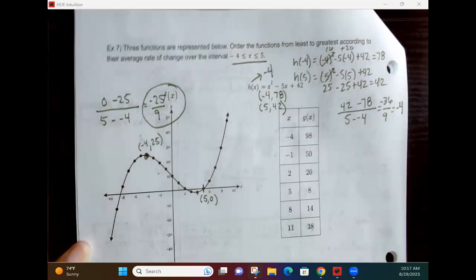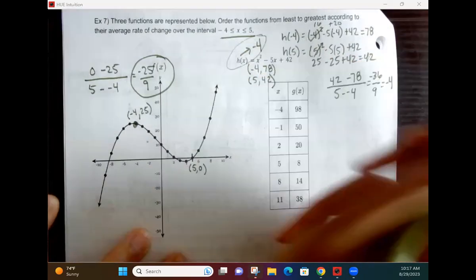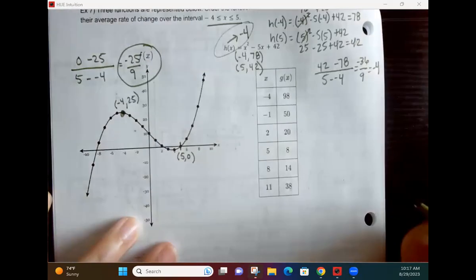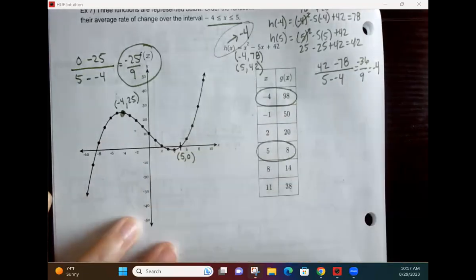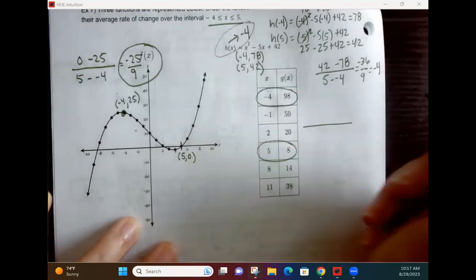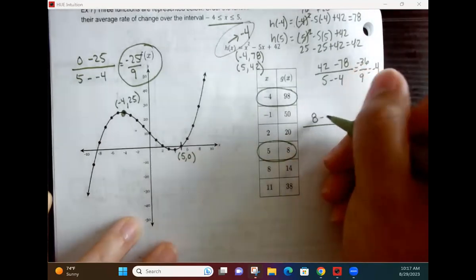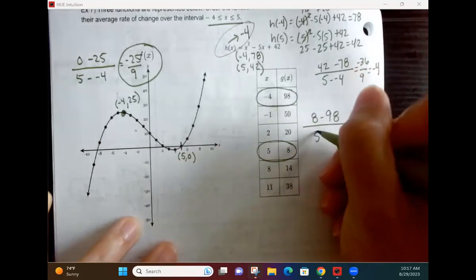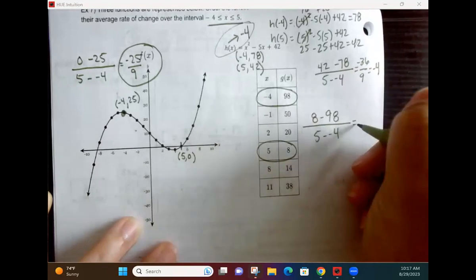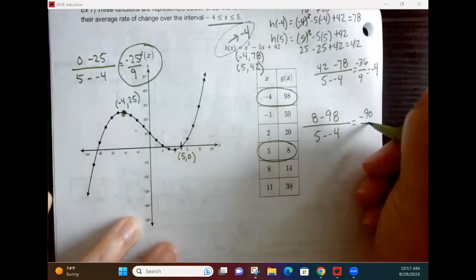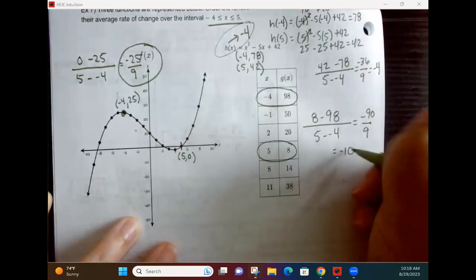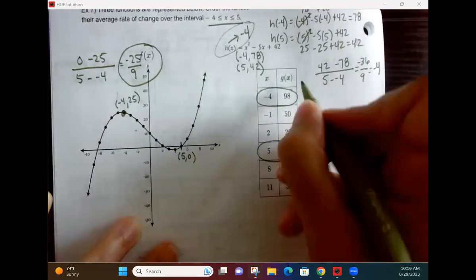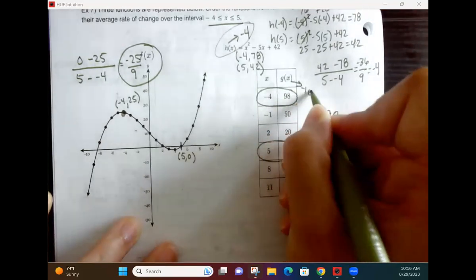And then I just have one more to find, g of x, -4 to 5. This would be 8 minus 98 over 5 minus -4. So this would be -90 over 9, which would be -10. So for g of x, we get -10.